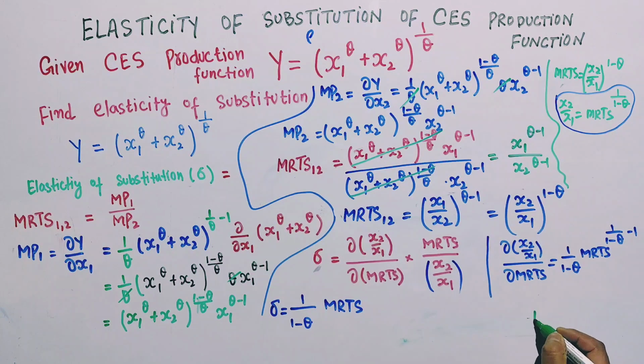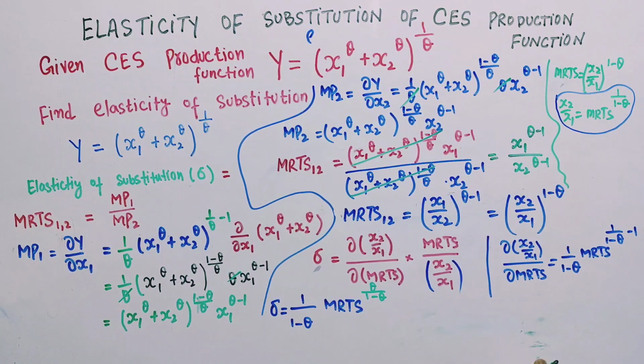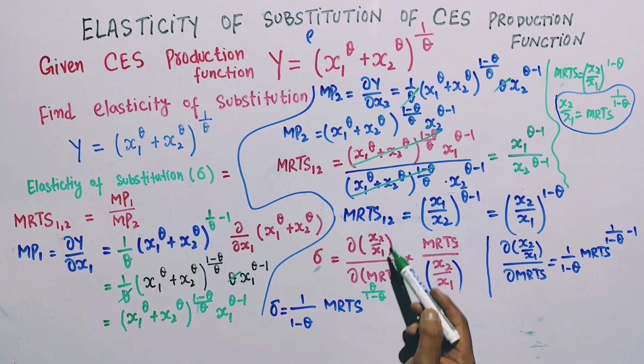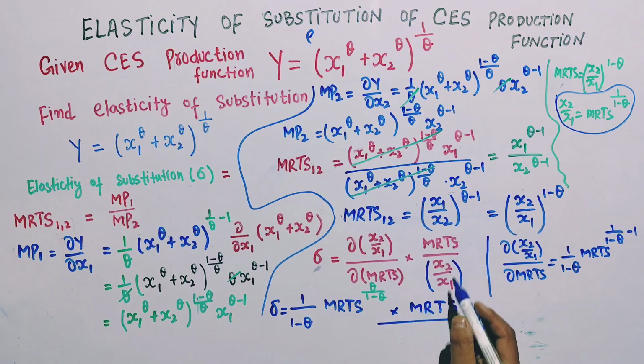So the derivative came out to be this. To this we multiply MRTS and divide by x2 upon x1.